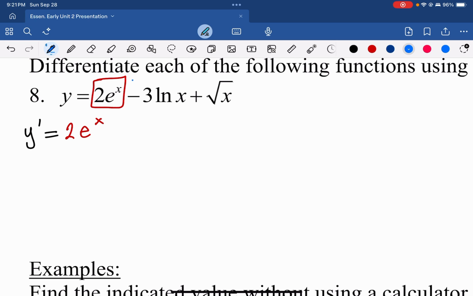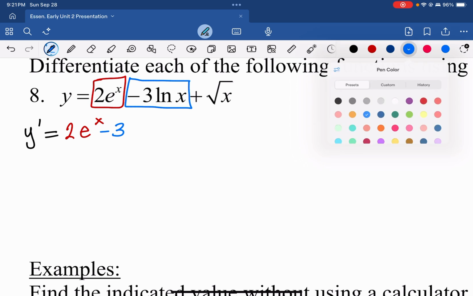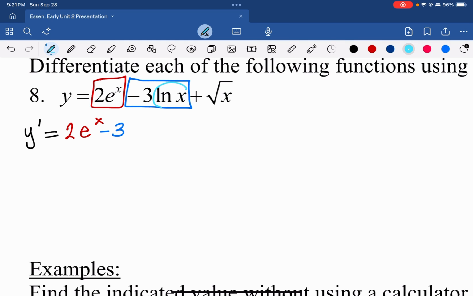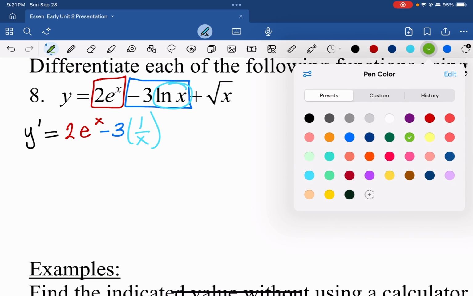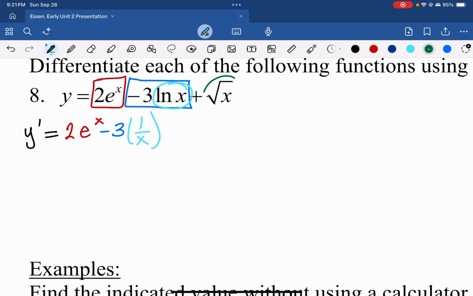Next we're going to look at negative 3 times the natural log of x. That negative 3 is going to still stay there. And for our natural log of x, it's 1 over x. We'll simplify this in a minute. And then last, we've got our square root of x, which we're going to rewrite as x to the 1/2 and apply our power rule.